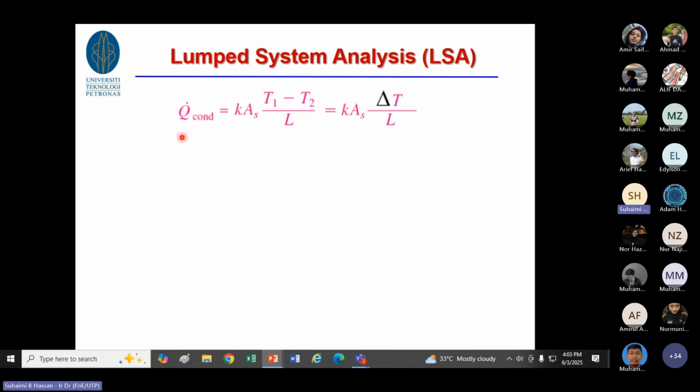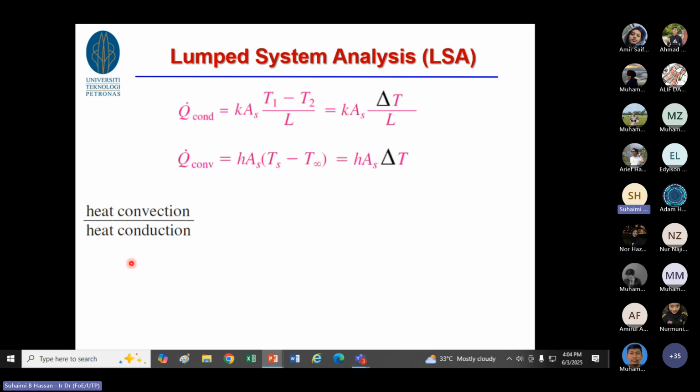This is conduction: kA delta T over L, where delta T is T1 minus T2 over L. Then Q convection is hA delta T, which is hA (Ts minus T ambient).